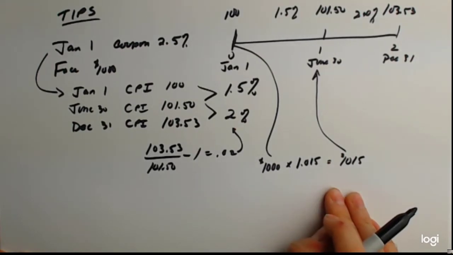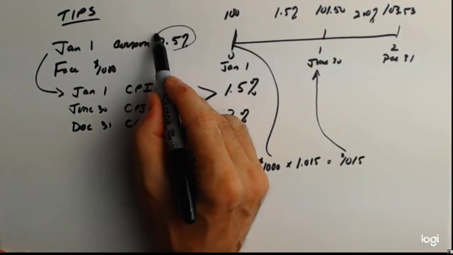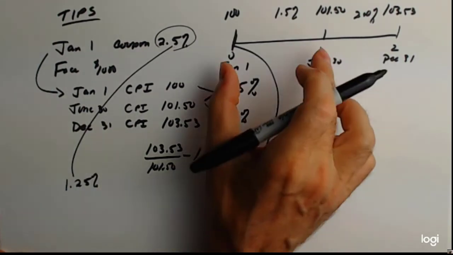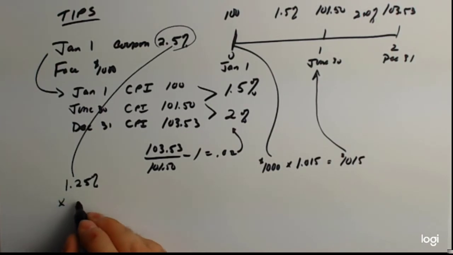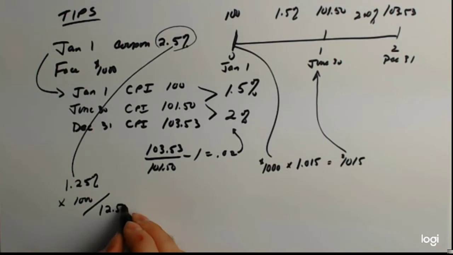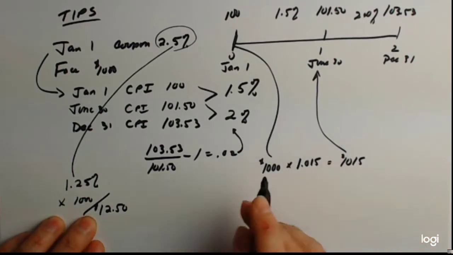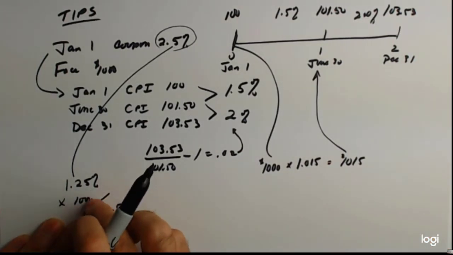Now, what will be the coupon payment on this date? With a 2.5% coupon, we chop that in half. That's 1.25% for a 6-month period. Multiply that by $1,000 and you'd have $12.50 as the coupon without any inflation adjustment. But now we're not going to take that 1.25% based on 1,000.